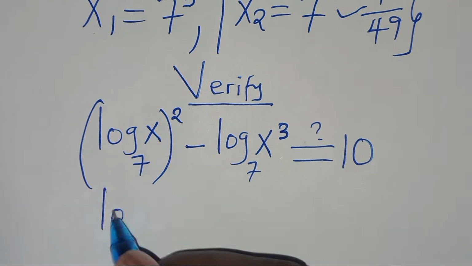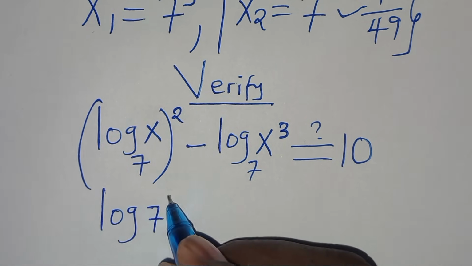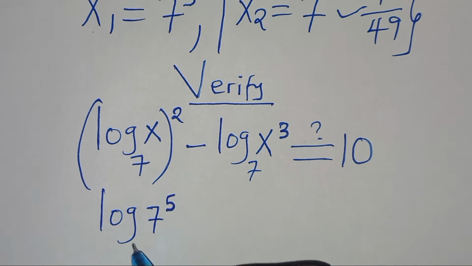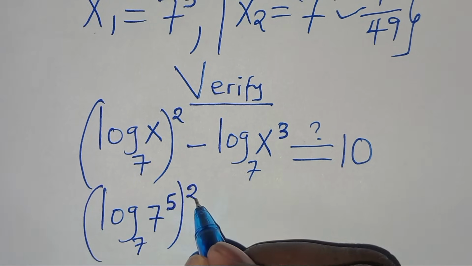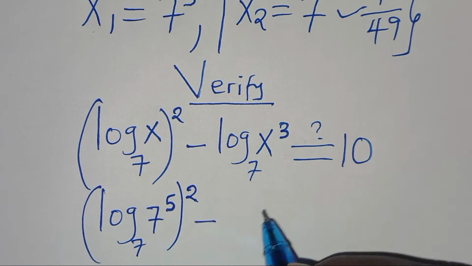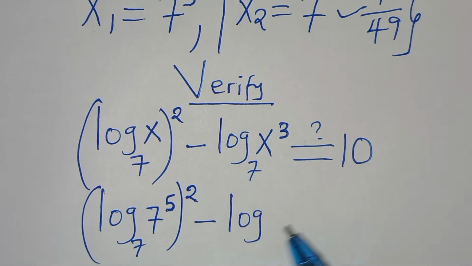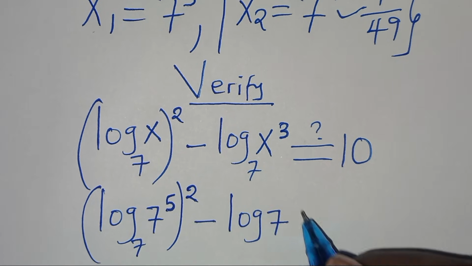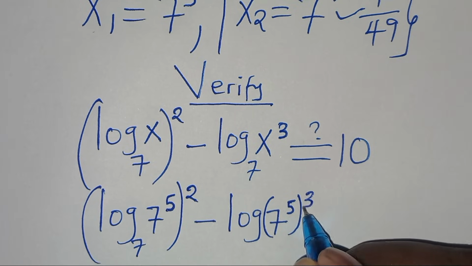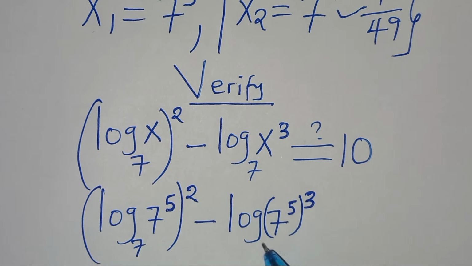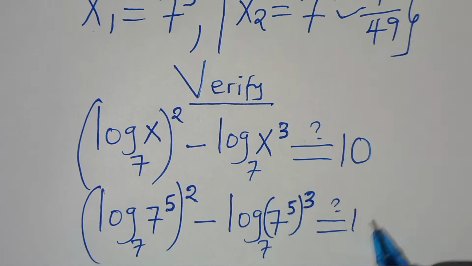So we have (log 7 to the power of 5 to base 7) raised to the power of 2, minus log of 7 to the power of 5 raised to the power of 3, to base 7. This is supposed to give us a value of 10.